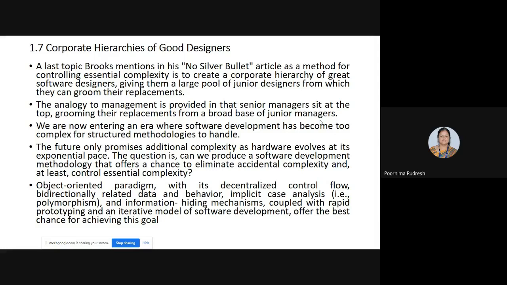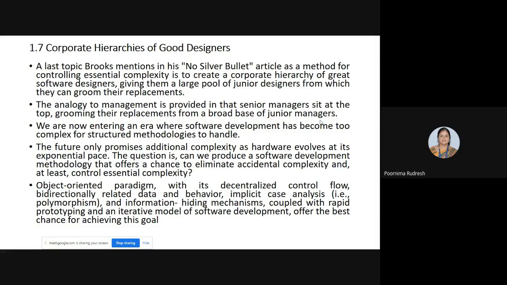Then the question is, can we produce a software development methodology that offers a chance to eliminate accidental complexity or at least control the essential complexity? So here we are mainly concentrating on eliminating the accidental complexity and controlling the essential complexity during software development. What type of languages or approaches can we make use of?